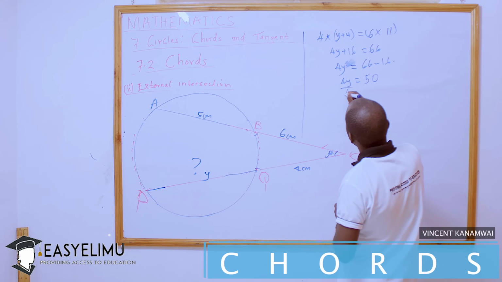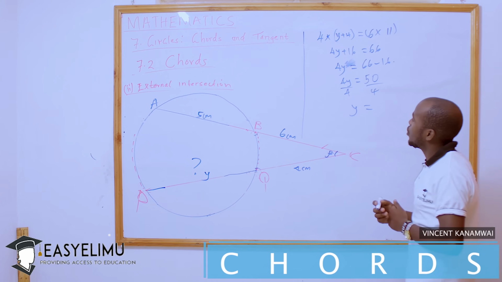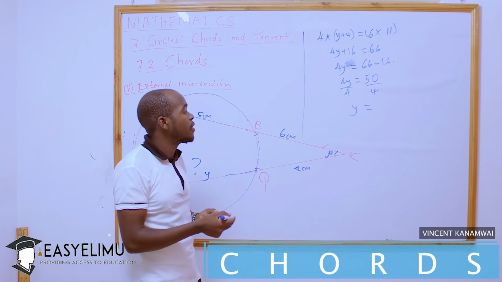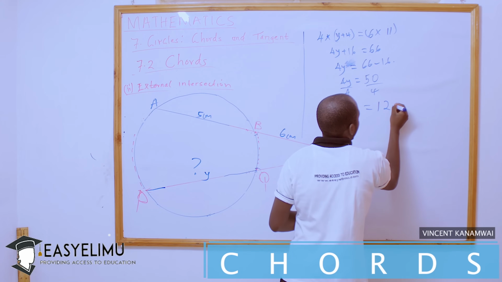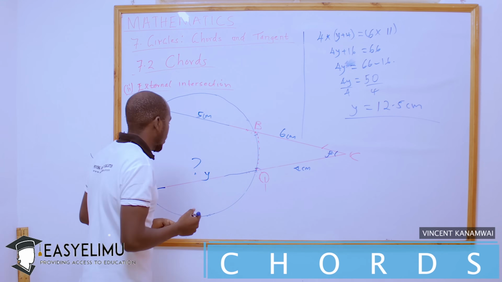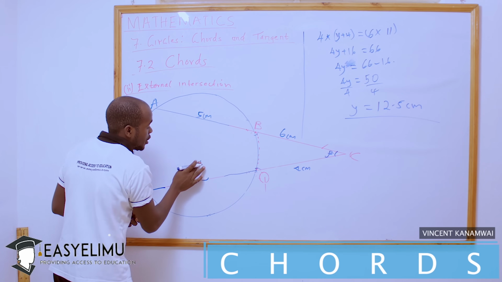So to get the value of y, you divide both sides by 4, and your y will be 25 over 2, which is 12.5. So this side here is equivalent to 12.5.